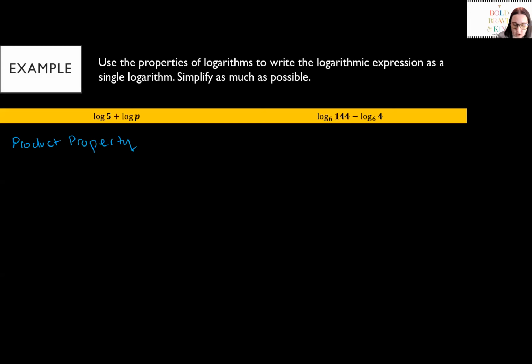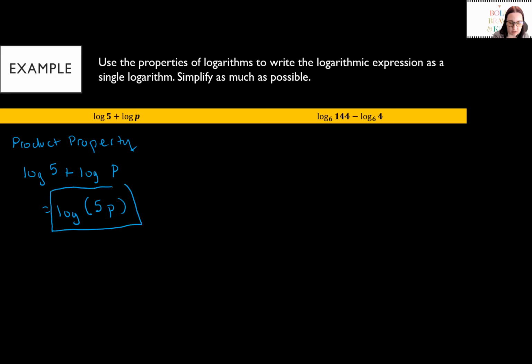So just writing down the product property, what this means is that if we have the log base 10 of 5 and log base 10 of p, this is equal to the log base 10 of 5 times p. So we can combine those together as multiplication. And then you would try to simplify further if possible. 5 times p doesn't mean anything. We've got a variable, so we can't actually find a number for this. It's just a matter of rewriting it in a way where it's shorter.